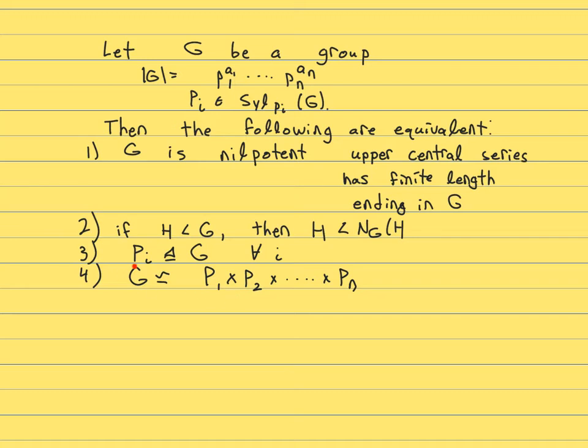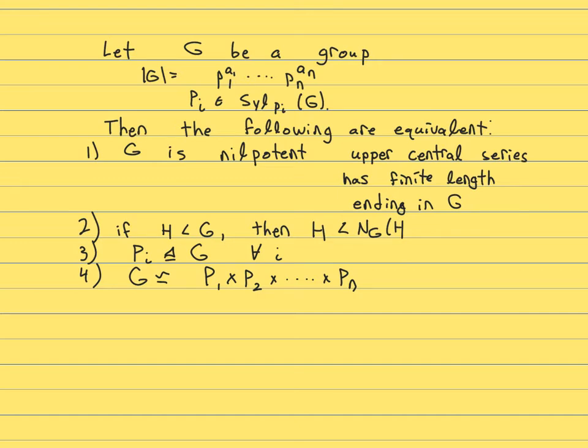So I view 4 as saying that nilpotent groups are a generalization of finite abelian groups, because finite abelian groups can be factored as a direct product of cyclic groups. You sort of have the same feature. You can factor as a direct product, only now the direct product is of the Sylow subgroups. And in fact, in a later video, we will prove the fundamental theorem for finite abelian groups, and the first step we use is citing this fact.